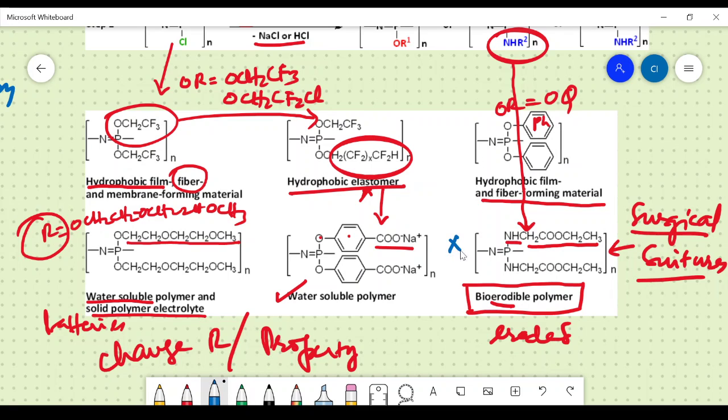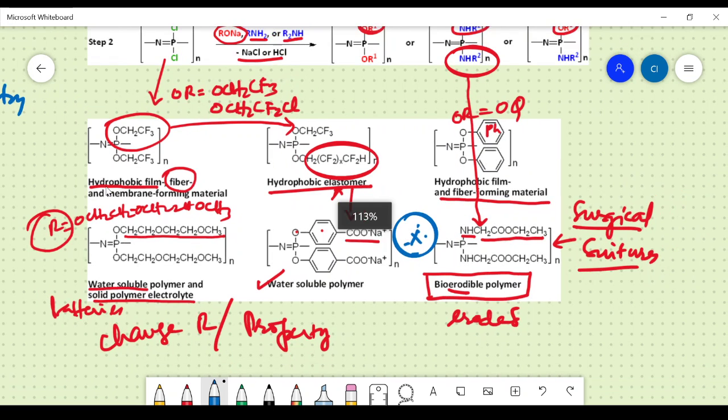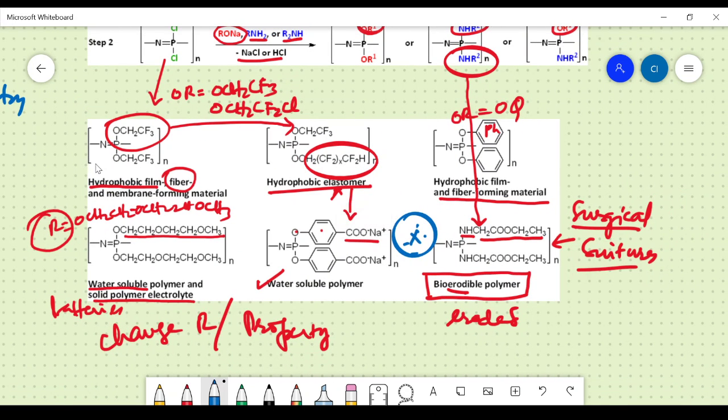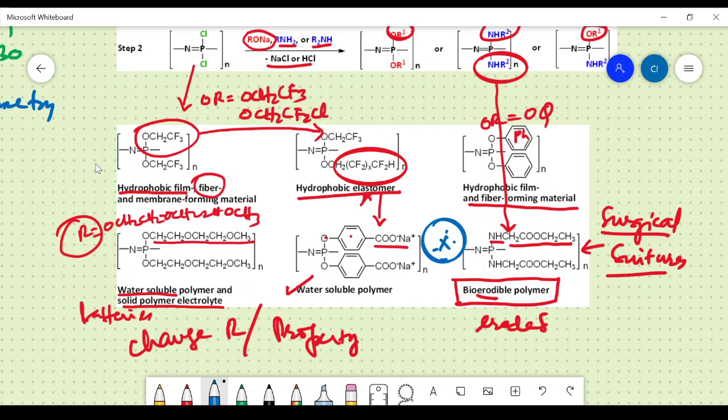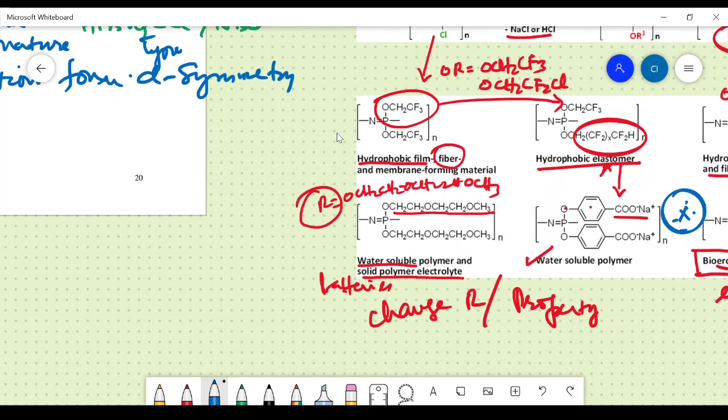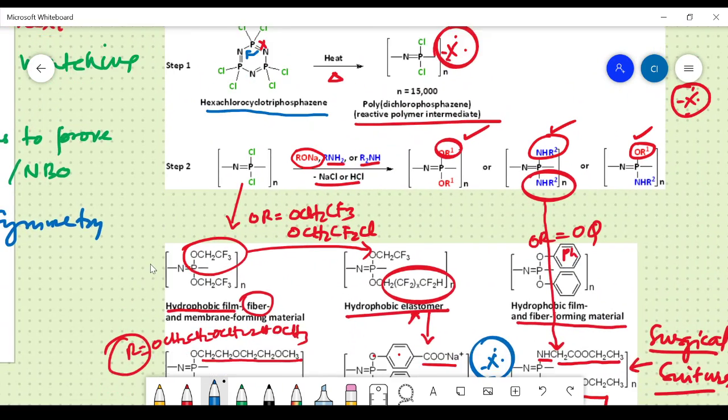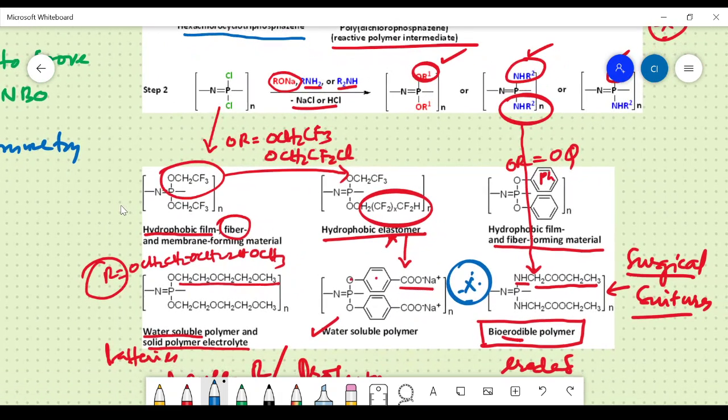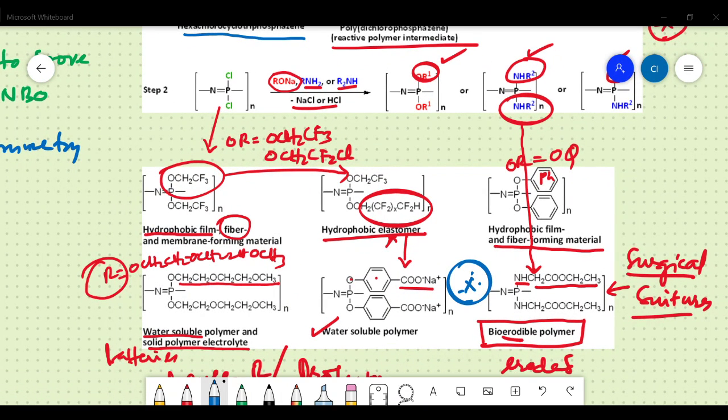I think you can do very good research into this in the future with different substituents, and these are all becoming industrial secrets. You are now getting many water sealing pastes and water sealing tapes, Teflon tapes, all those things, and these are the result of consistent research in the type of polyphosphazenes.